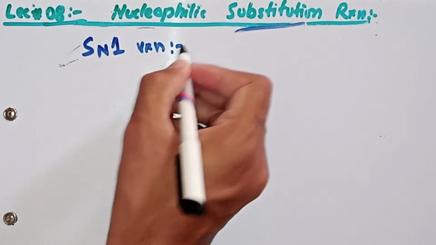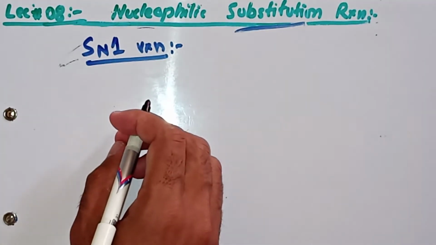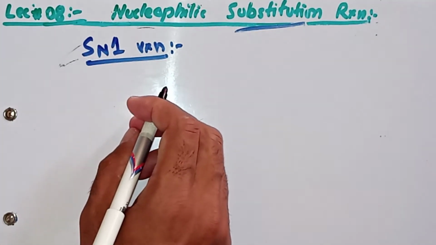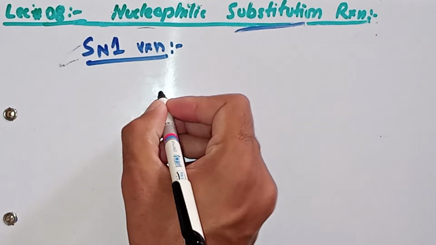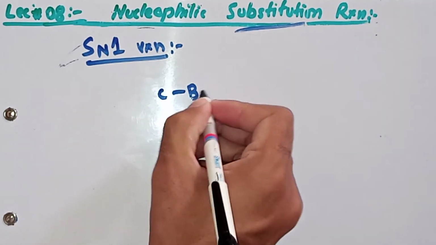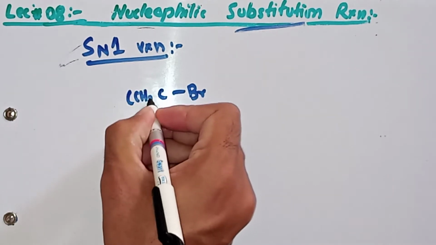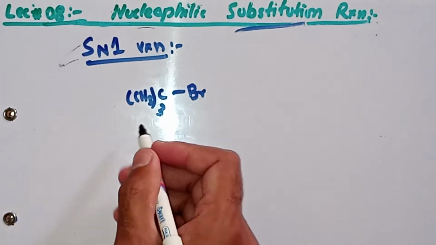What is meant by the Sn1 reaction? Take tertiary butyl bromide, (CH3)3CBr, which is very bulky.